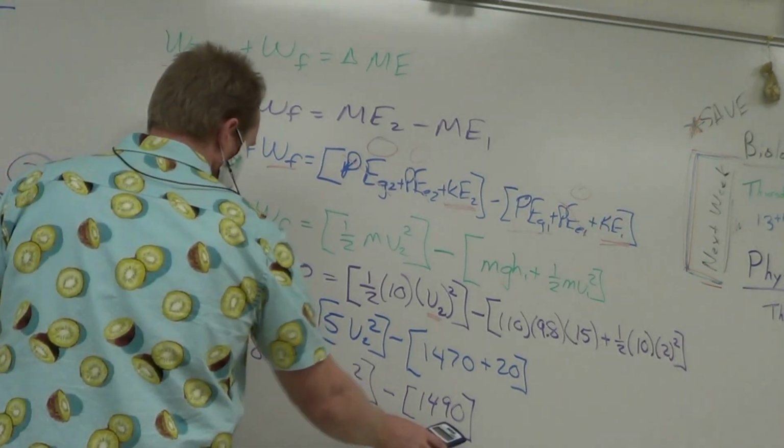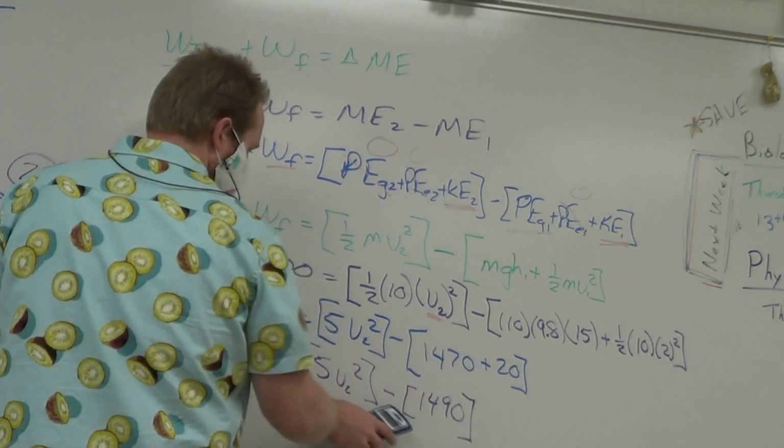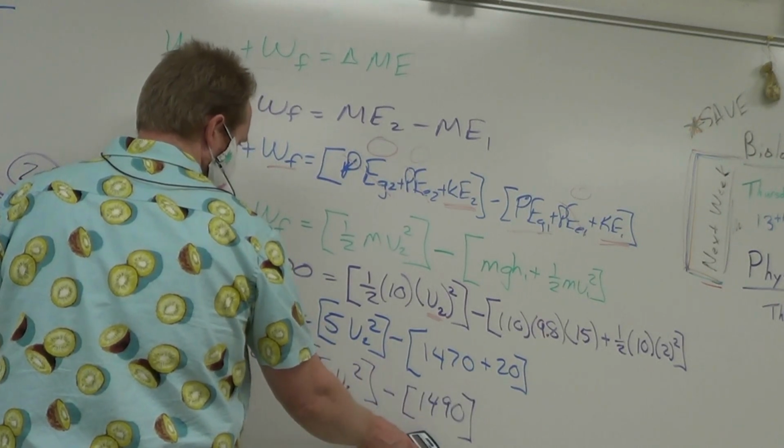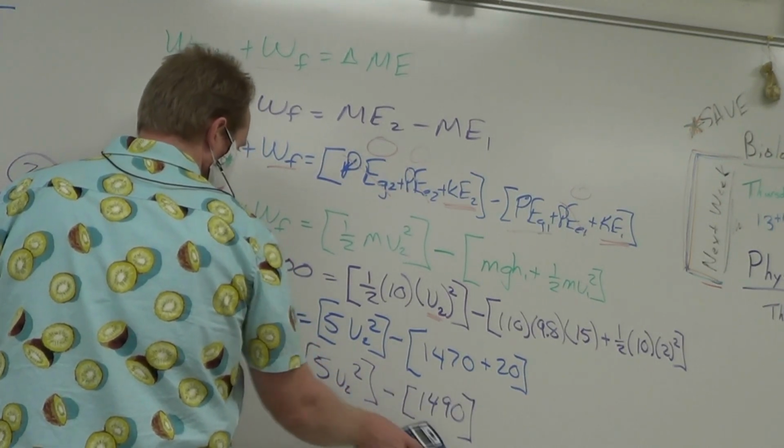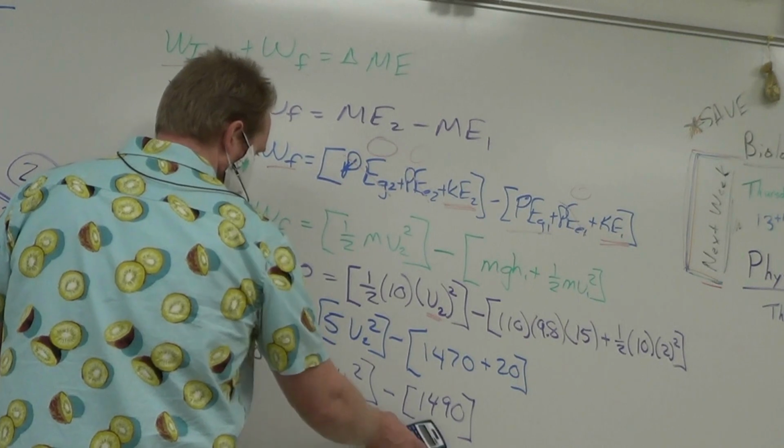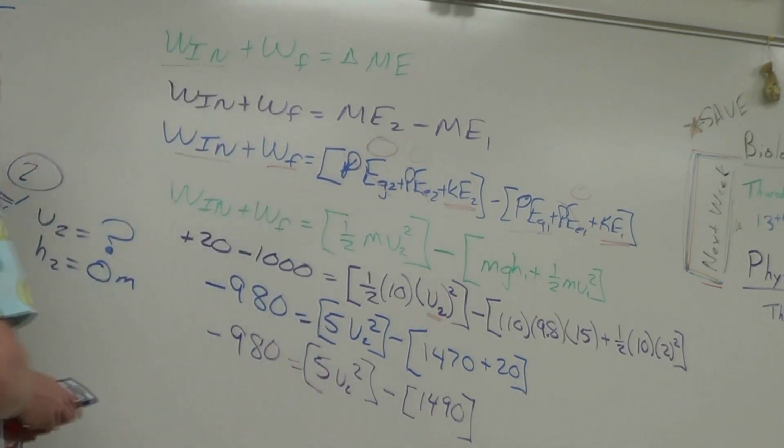Can't combine these two. I have to do the addition before I do the subtraction, so that's why this is 1490. Then, in order to get this to the other side, I can't combine these two terms, but I can add that to the other side.